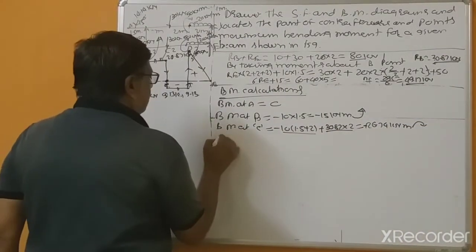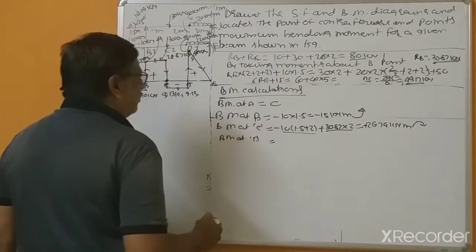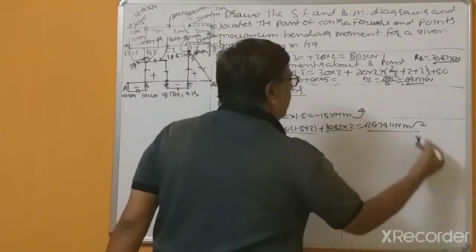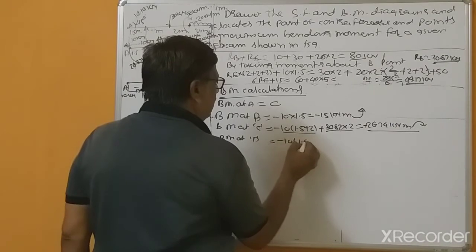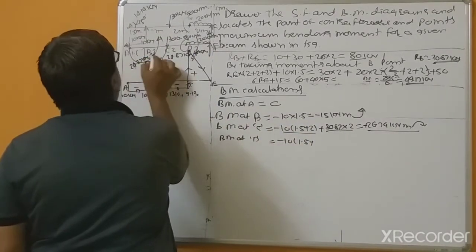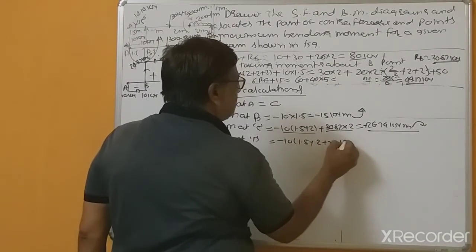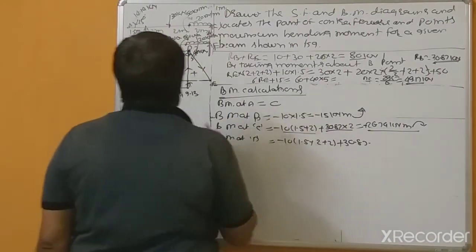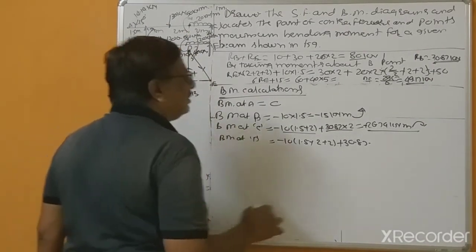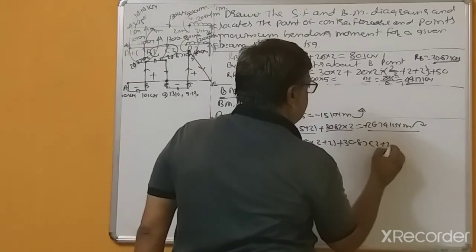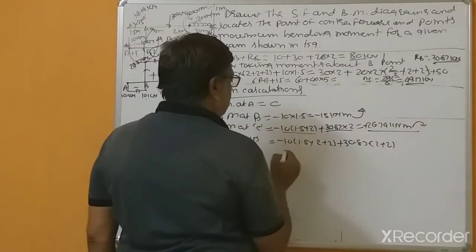Bending moment at D point. This is your maximum bending moment, actual. Bending moment at D point: minus 10, 1.5. Now distance 1.5 to 2. So that's why additional distance 2, plus 30.87 multiplied by this 2 meter and this 2 meter, 2 plus 2. Any other moments? There is no any other moment.